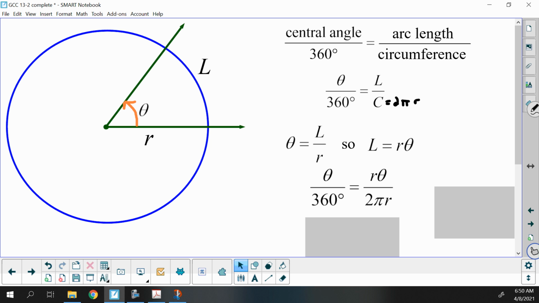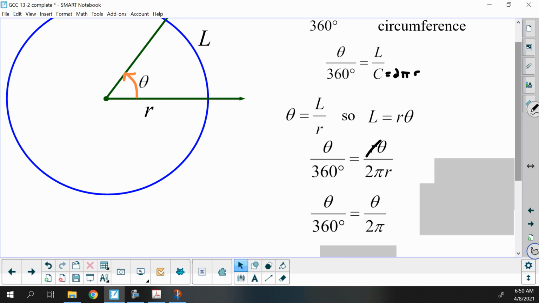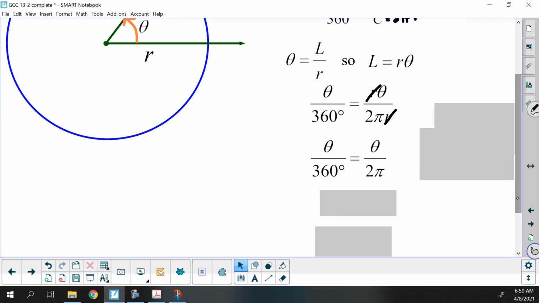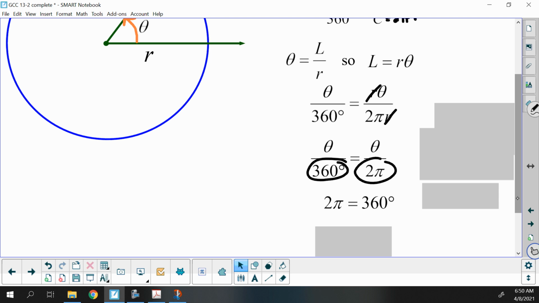Now we saw up above that if we are in radians, we can say theta is equal to L over r. So you can replace the L with r theta, and then your circumference is 2 pi r there. Well, notice the r's can divide out, and you're left with theta over 360 equals theta over 2 pi. Well, that means that 360 and 2 pi should be equal to each other.